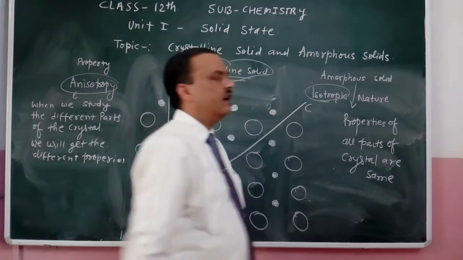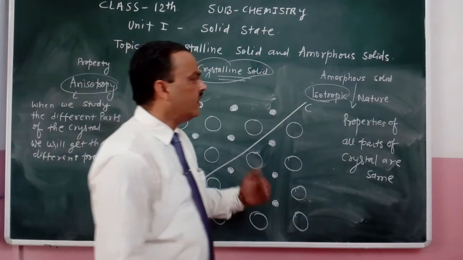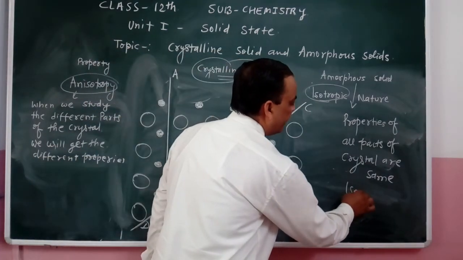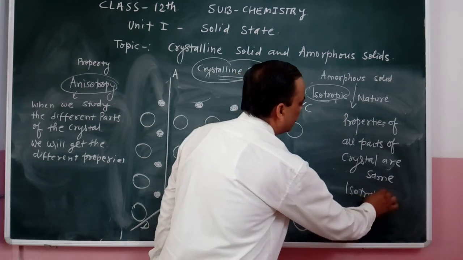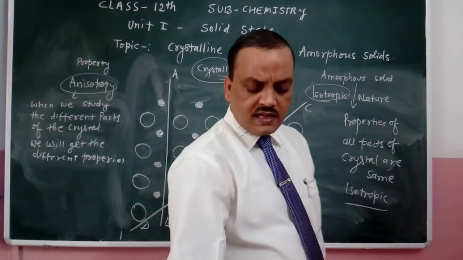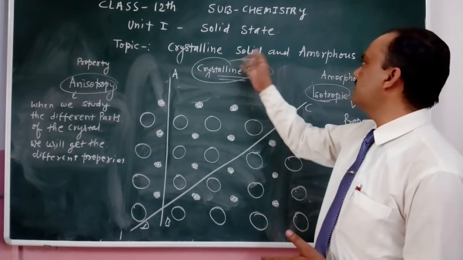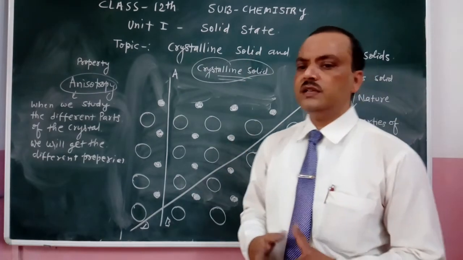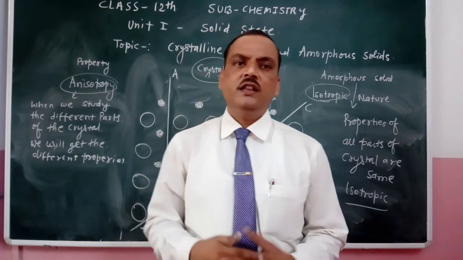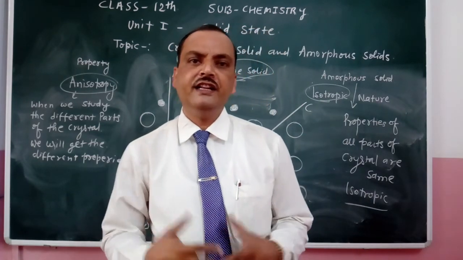That is known as isotropic property. So these are some points of difference between crystalline and amorphous solids in this video. Thank you. We will meet again in the next video.